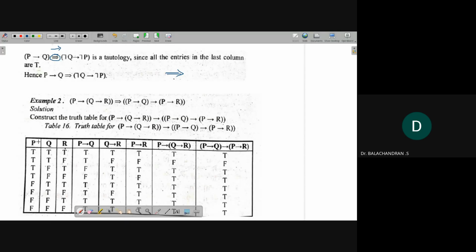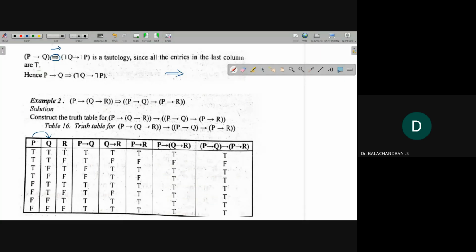Here again you have three variables P, Q, R. So first you should write P, Q, R. You know how to write P implies Q. Please check it. P implies Q is false only if P is true and Q is false. So check the third row, TF, so F. Remaining all other cases, it is true.